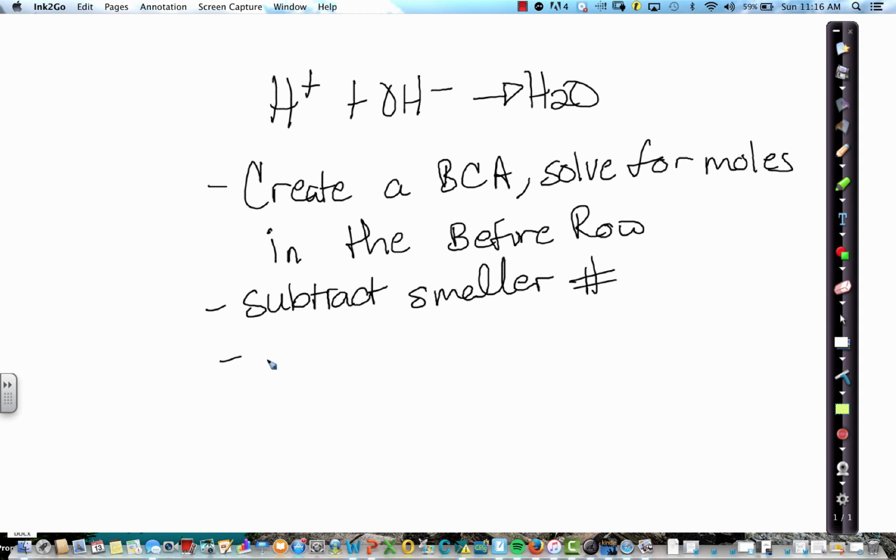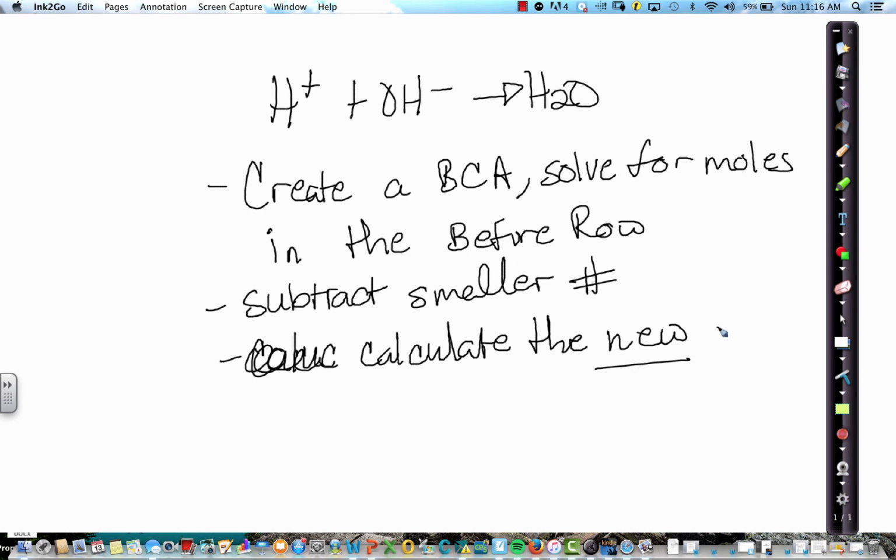Then you're going to have your moles of hydrogen and hydroxide afterwards, and you will calculate the new molarity. Remember, volume changes as you add acid or base.